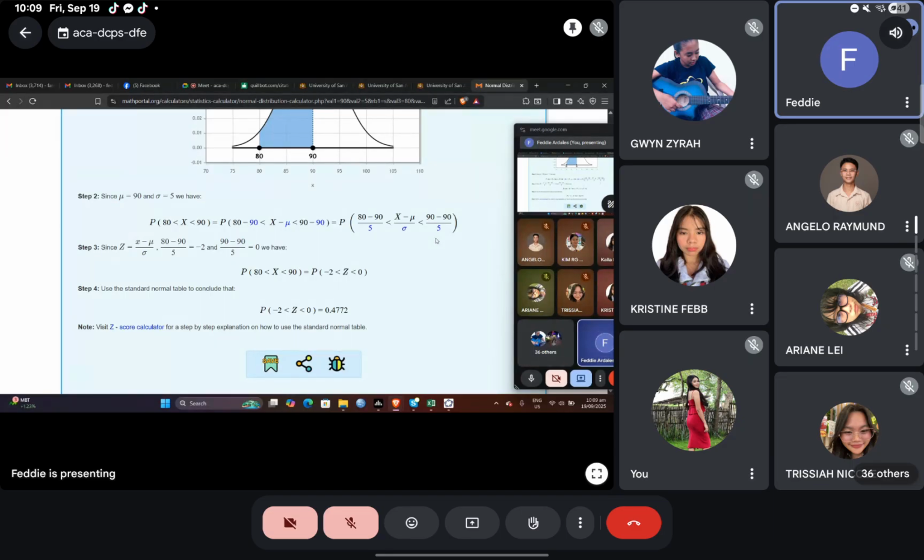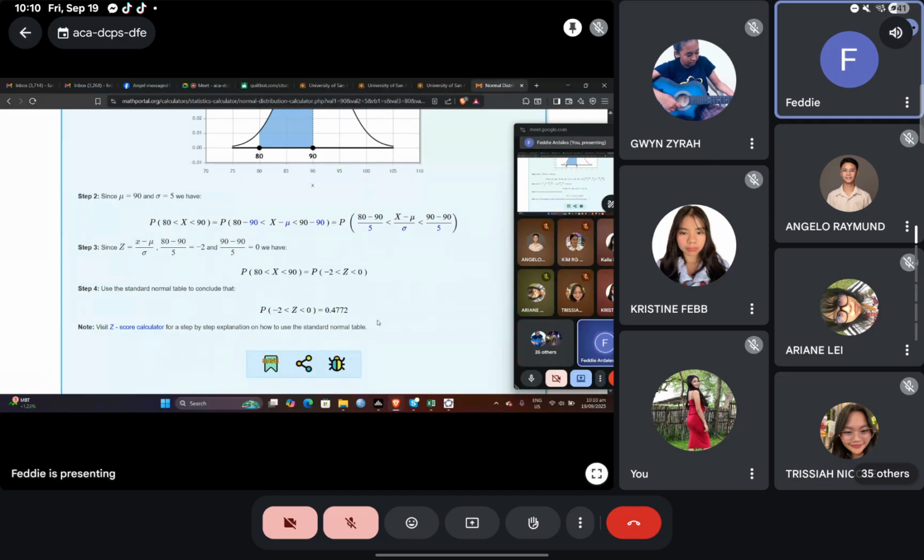Computing this, between the values -2 and 0, that comprises 0.4772, which is approximately the same as using the empirical rule.